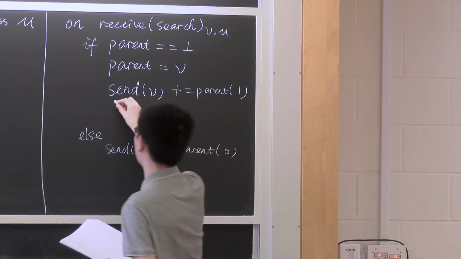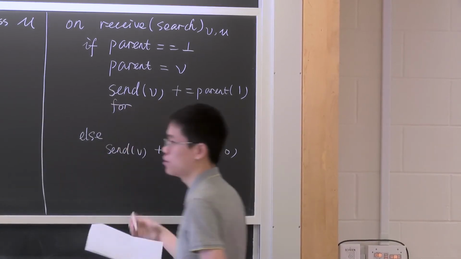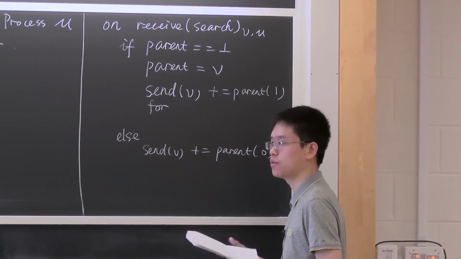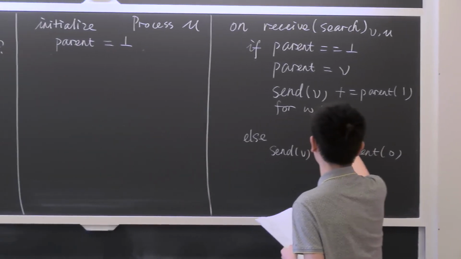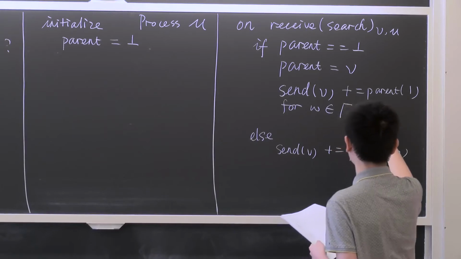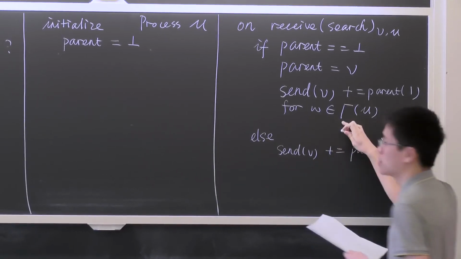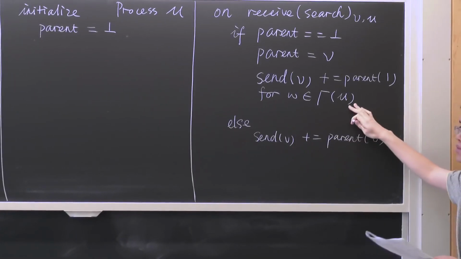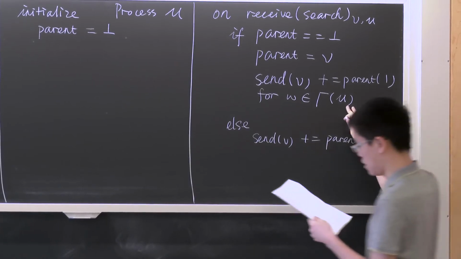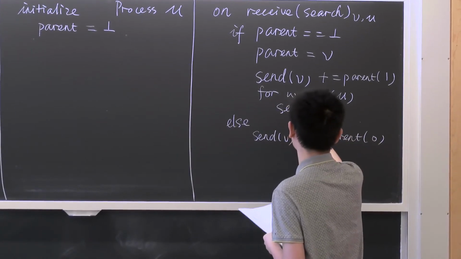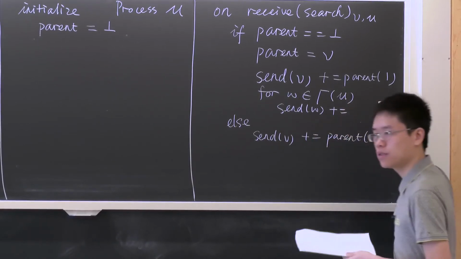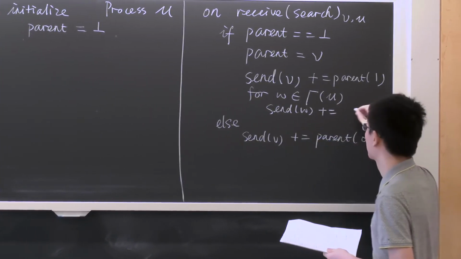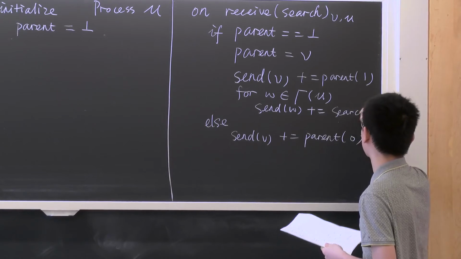Yeah, we need to pass it to all my potential children. So I'll use gamma U, meaning the neighbors of U. And then I'll send them a message. What message? Search.